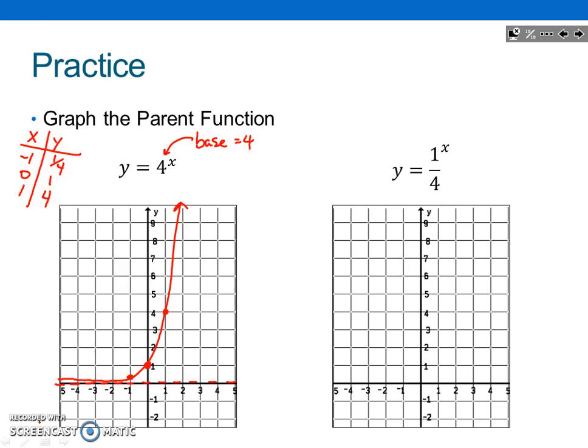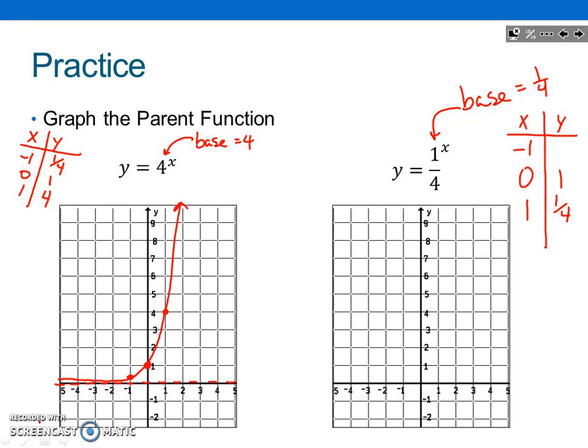Okay? Let's do one more example. This one over here. The base of this exponential function would be 1/4. I still draw my table, x and y. -1, 0, and 1 are always my x values. 0 always goes with 1. 1 goes with my base, which we said was 1/4. -1 goes with the reciprocal of the base.